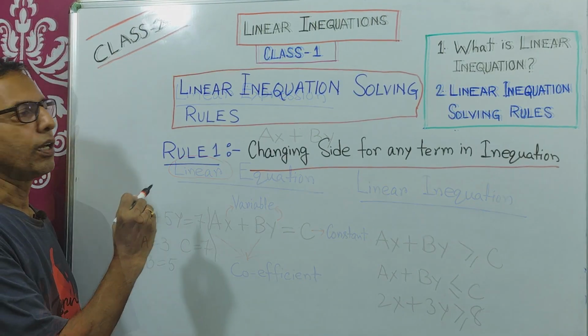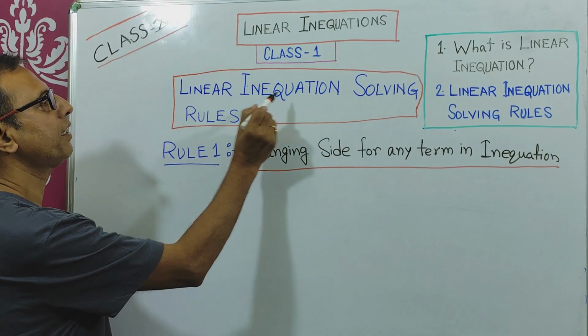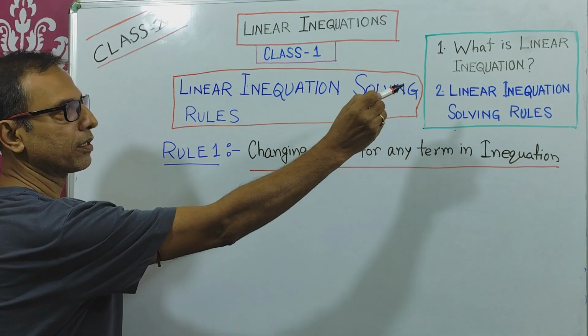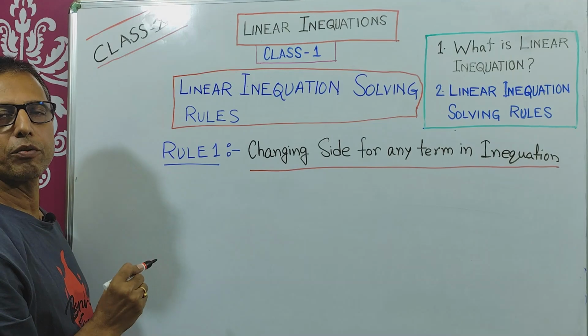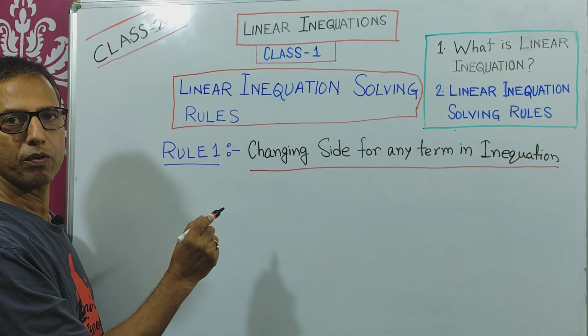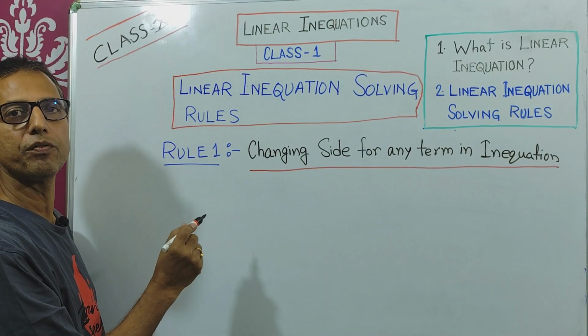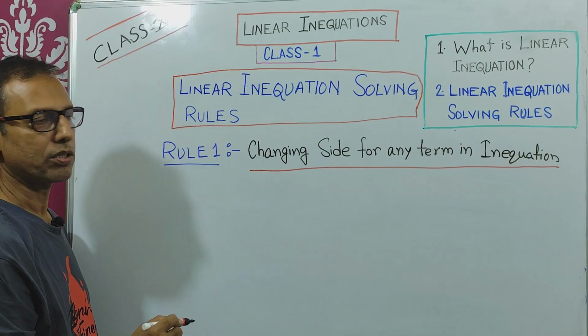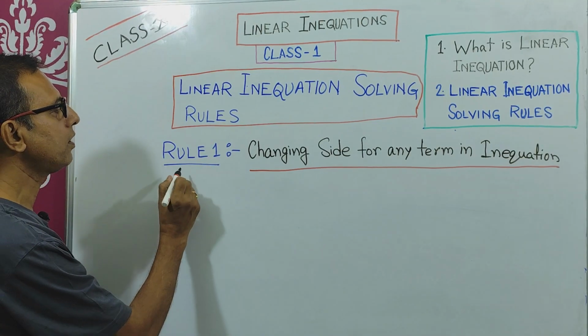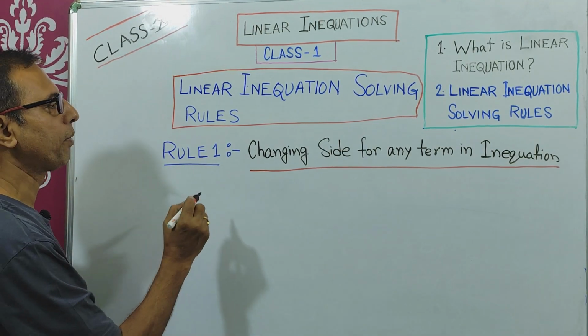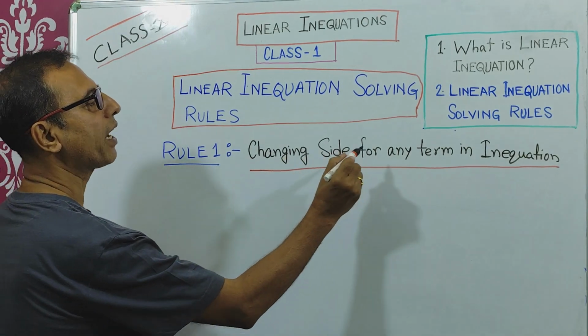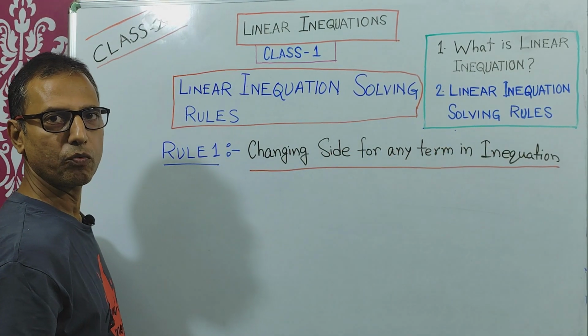Okay. Now we will discuss linear inequation solving rules, the second topic. If a linear inequation is given, how do we solve it or find the value of the variable from that inequation? There are certain rules. What is rule number 1? Rule number 1 is changing the side of any term in an inequation.